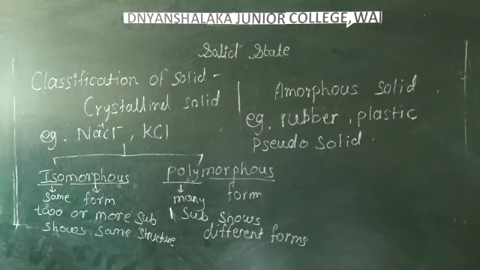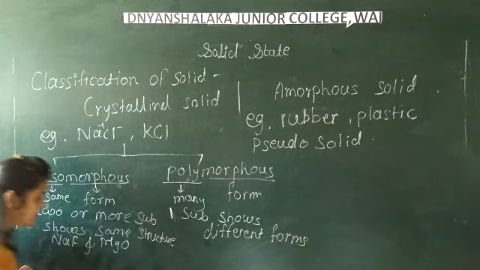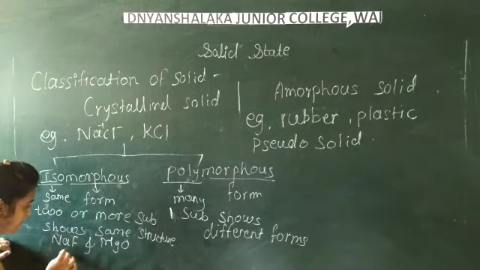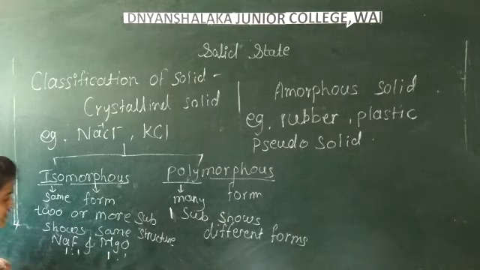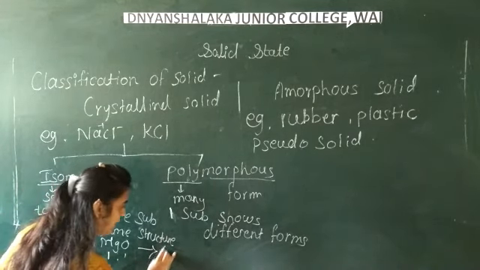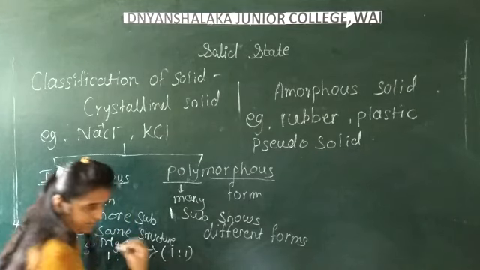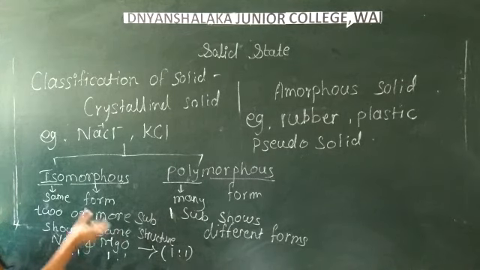For example, isomorphous: sodium fluoride and magnesium oxide. Same atomic ratio, means sodium is 1, magnesium is 1, so fluoride is also 1 and oxygen is also 1. So the atomic ratio for these two crystals is 1:1. Same atomic ratio, same physical properties and same structure. So this is known as isomorphous.